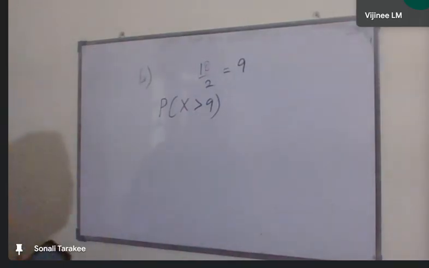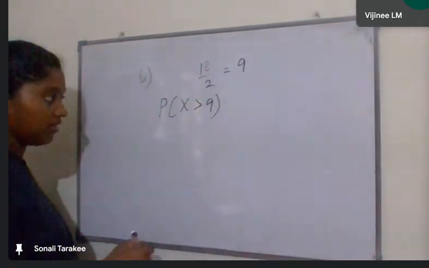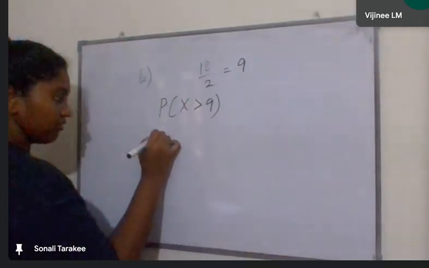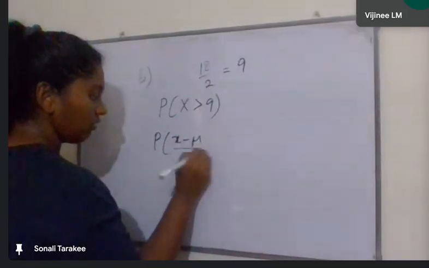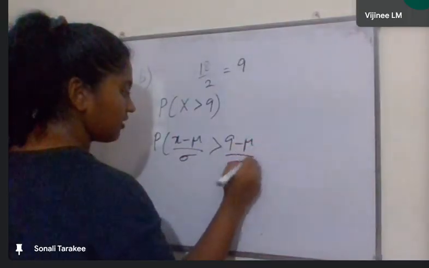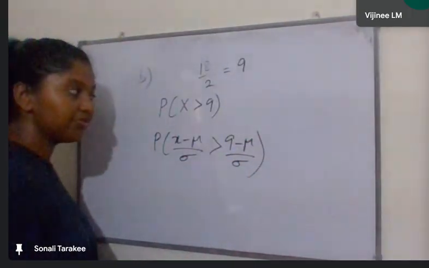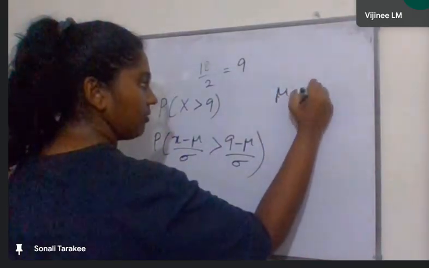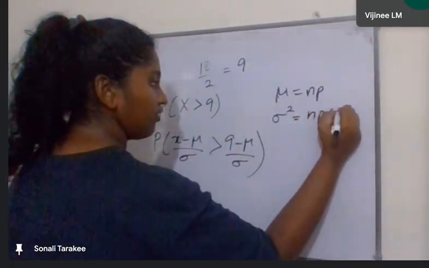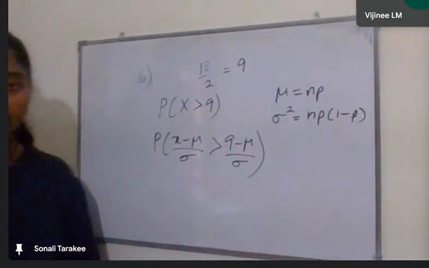So how can we find the probability? We can convert this into a z value: x minus mu over standard deviation greater than 9 minus mu over standard deviation. In binomial distribution, mu is np and variance is np into 1 minus p.